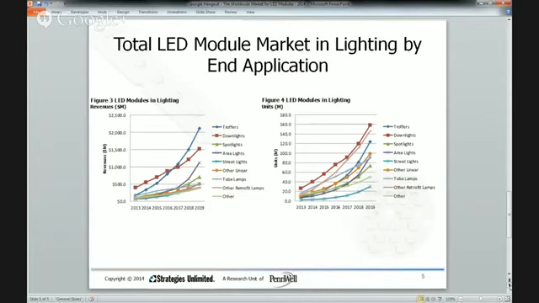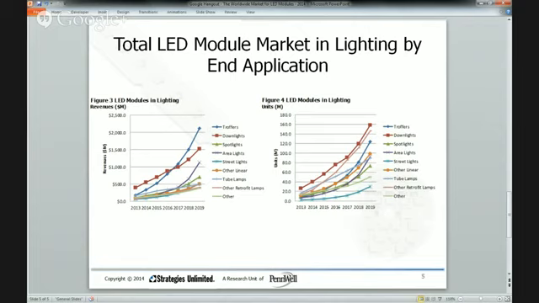For instance, Japan has a much higher downlight penetration than some of the other regions, same with North America as well. Those are the slides that I wanted to share with you, the data from the report.